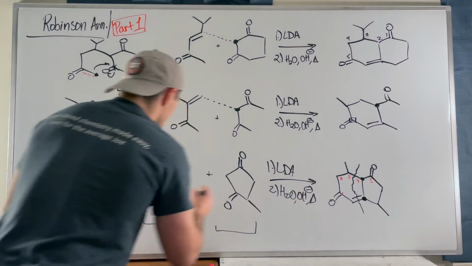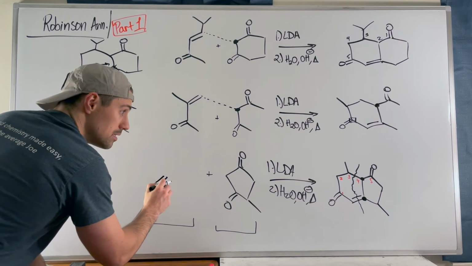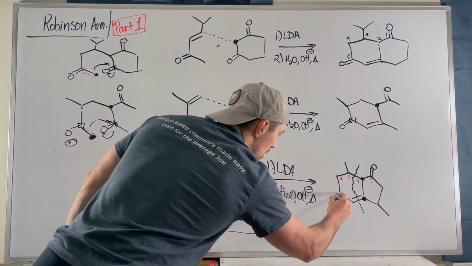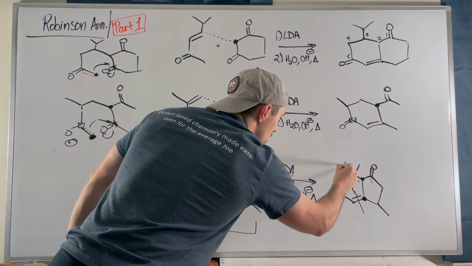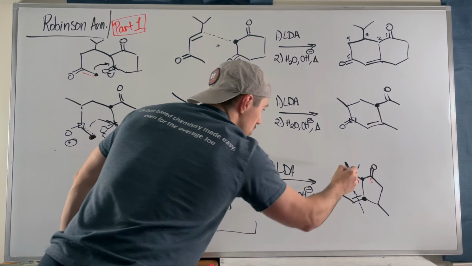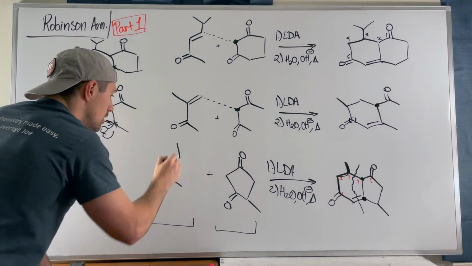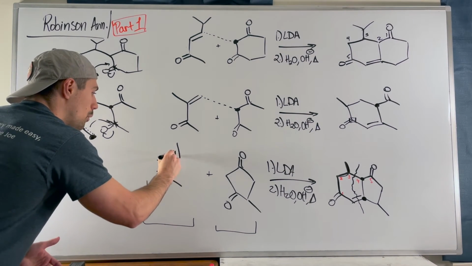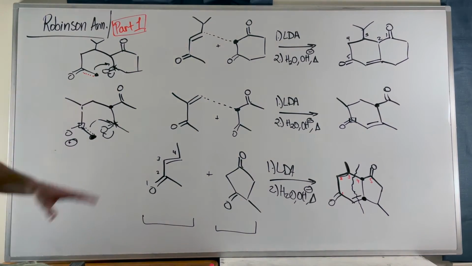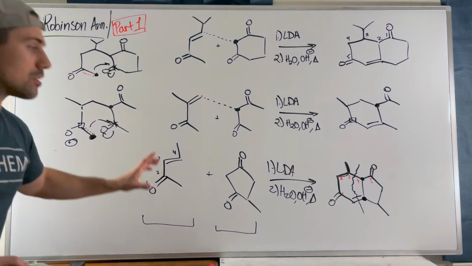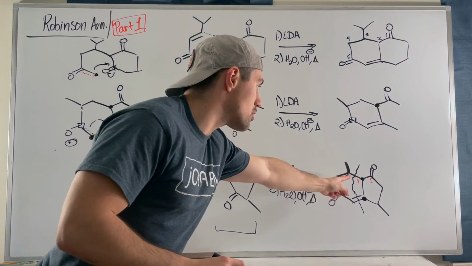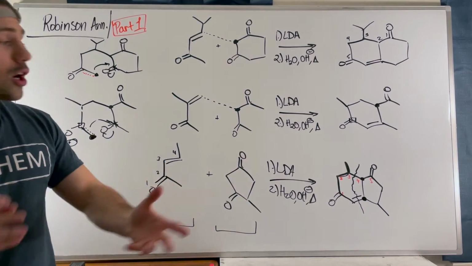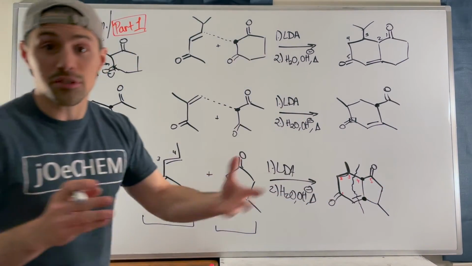So that carbonyl will stay put, and we just have this going on right here. Remember, this is how many carbons we have left to use. But remember what an enone is. 1, 2, 3, 4. There we go. So this is how we worked backwards. Cutting through that double bond, make sure you have identified where the alpha carbon from the original dicarbonyl is.